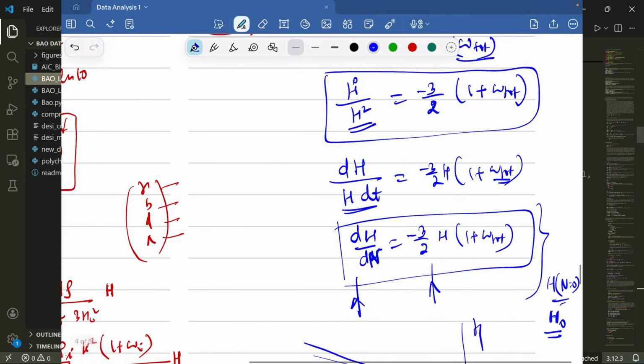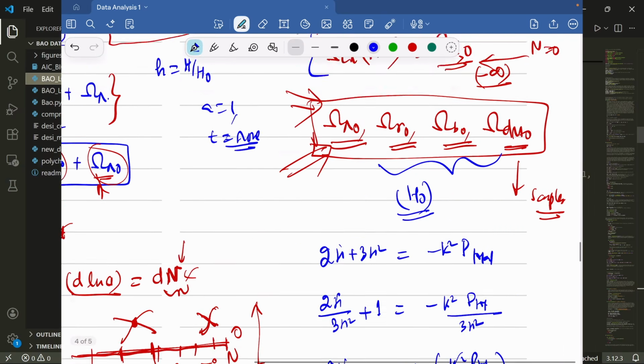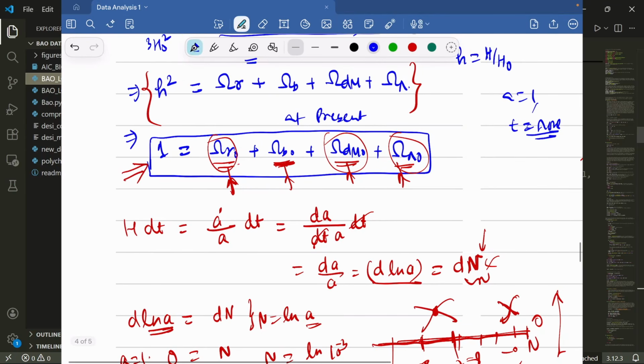Over here, this becomes H over dH over dN. Now in this equation I have this. So how have we taken this? We have taken 1 as H over H0.